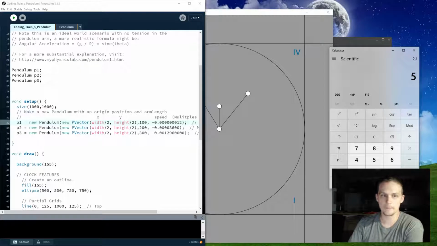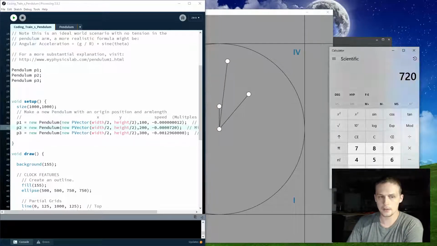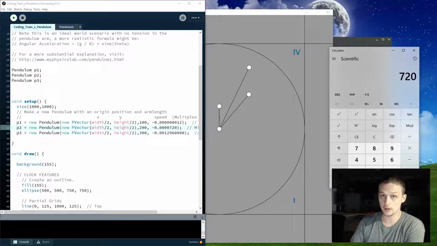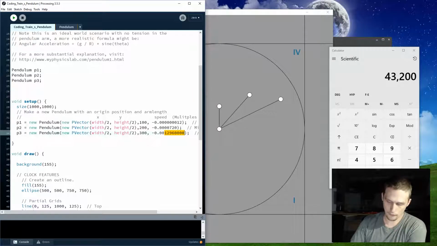We'll do 60. 12 times 60 equals 720. And then we're going to multiply 720 by 60, because it takes an additional 60 seconds to do that. So 720 times 60 is 43,200.